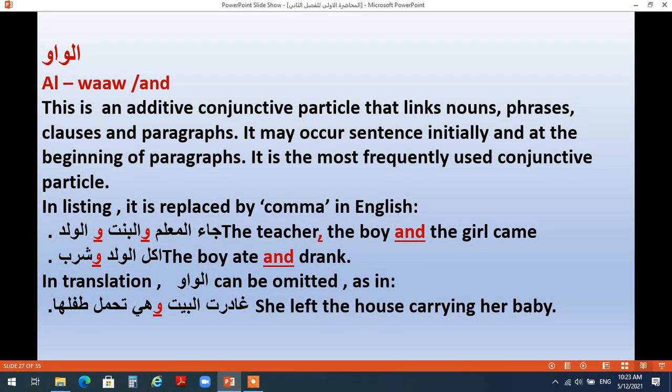For example غادرت البيت وهي تحمل طفلها. الملاحظ هنا وجود الواو، لكن إذا أريد أترجمها إلى الإنجليزي it's better to say she left the house carrying her baby. إذن حذفنا الواو واستعاضينا عنه بما يسمى non-finite clause اللي هي carrying her baby حتى يكون المعنى more suitable أو المعنى أكثر خلينا نقول قوة في اللغة الإنجليزية من استخدام and. إذا نستخدم and ما راح تعطينا نفس المعنى اللي أنا يعني أطمح إنه أوصل له، فلذلك حذفنا الواو بالترجمة واستعاضينا عنه بما يناسب المعنى.